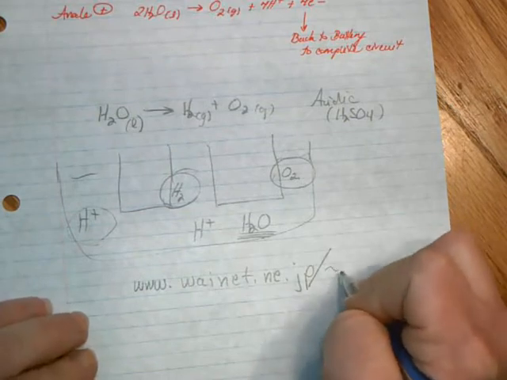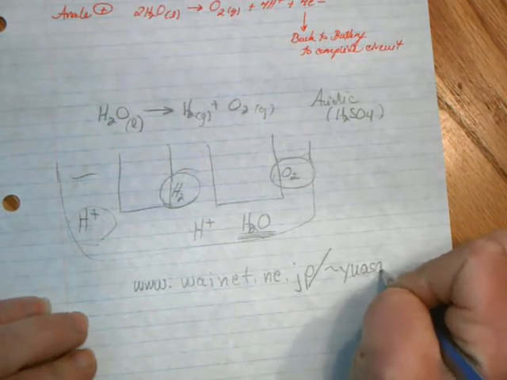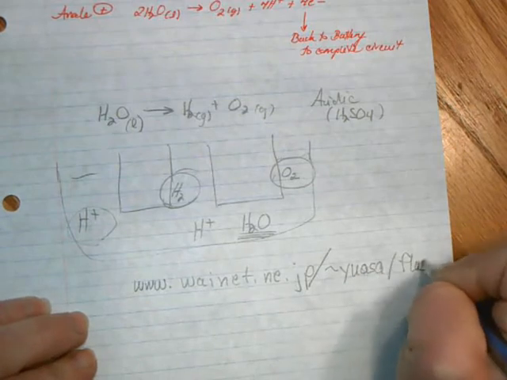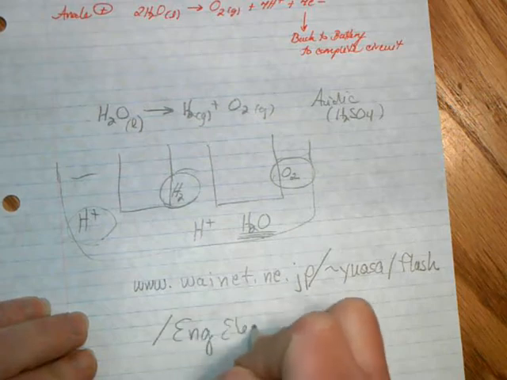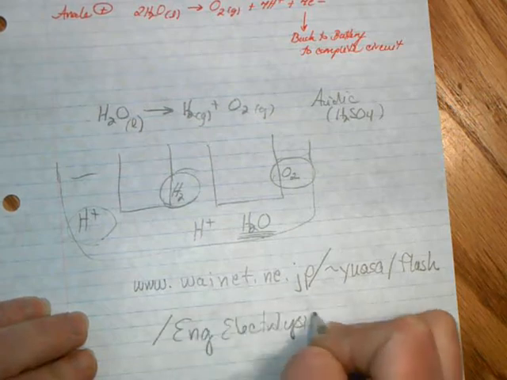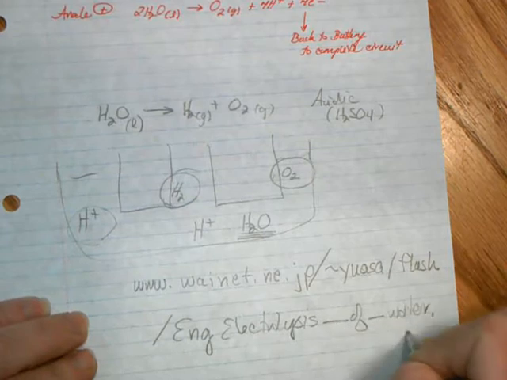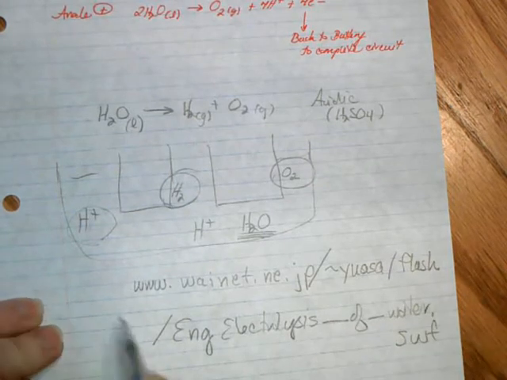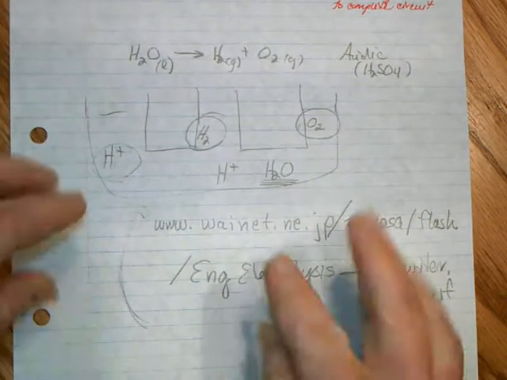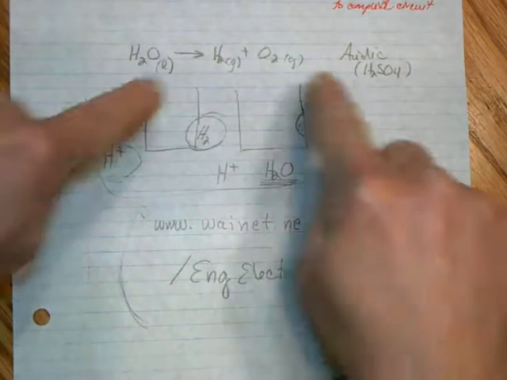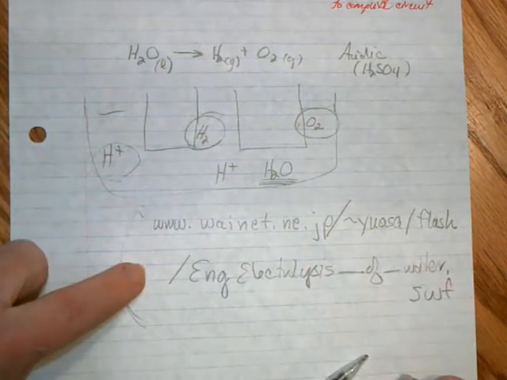It's swirl YUASA//ENG electrolysis_of_water.SWF. I think this does a brilliant job leading us step by step and being able to visualize what's happening with the electrolysis of water. But I'll attach this site directly to the podcasting page.